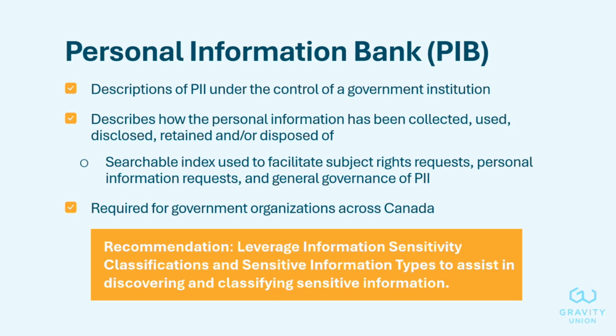So we recommend, if this is something that you're currently practicing or looking to practice, leveraging information sensitivity classifications and sensitive information types. So these are within the Microsoft offerings in your licensing. They're a way to discover and classify sensitive information.